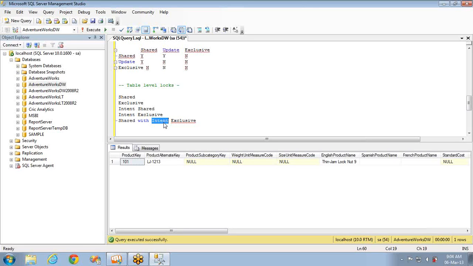So always, whenever you are trying to go for intent locks, you have to make sure that you are placing the lock one level above the desired resource. For example, if you want to set the intent lock to the rows in the table, then you have to set it to the table. Then the lock will be applied to the rows.